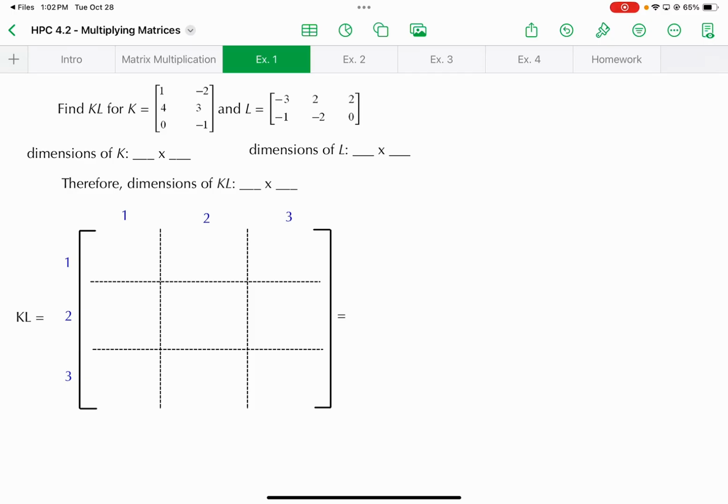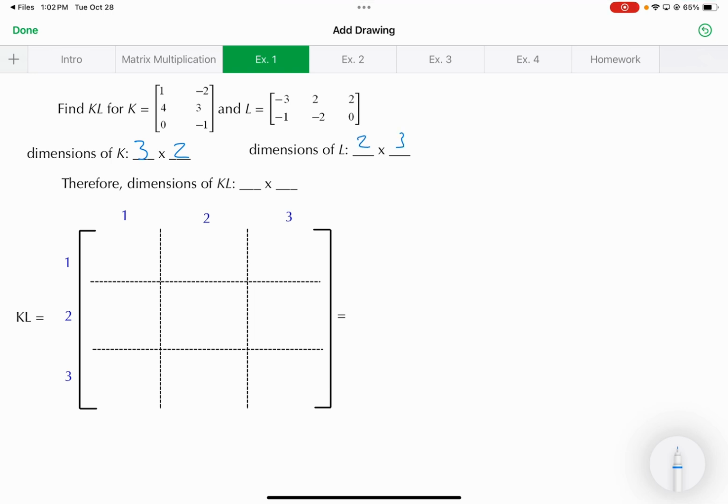So what are the dimensions of K? 3 by 2, 3 rows by 2 columns, left to right, top to bottom. And then L would be what? 2 by 3. That gives you a bit of a hint down below, but the dimensions of my resulting matrix, K times L, would be what? 3 by 3.